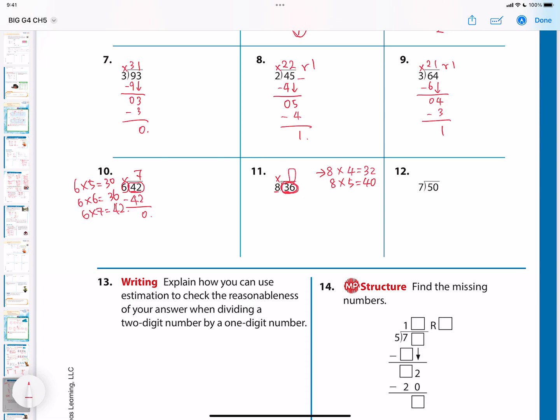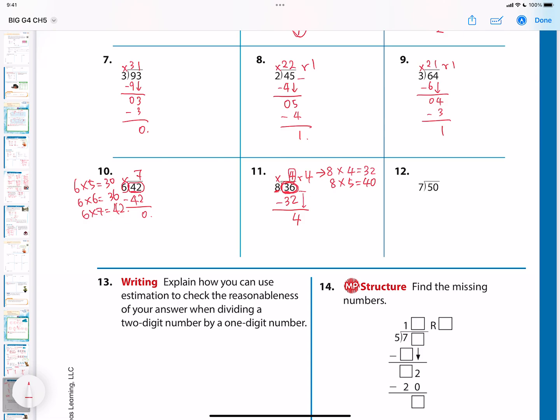So 8 times 4 is 32, and you need to subtract, which is 4. There's nothing to bring down, and you cannot divide these 4 cookies into 8 equal groups. So 4 is the remainder. The answer is 4, remainder 4.